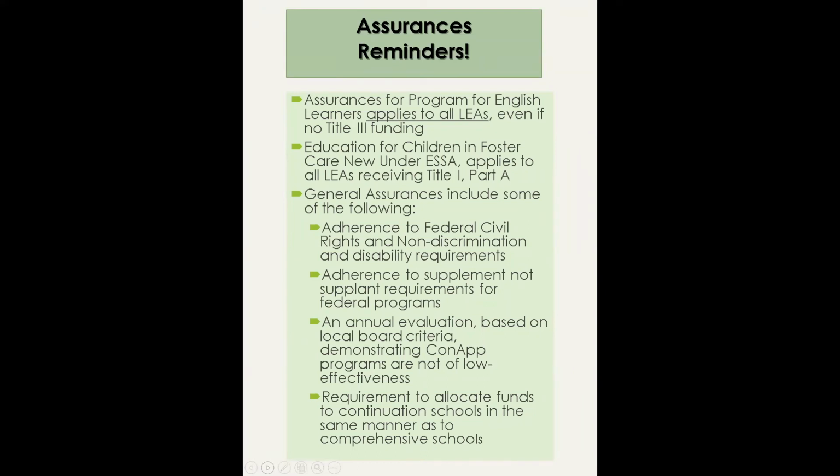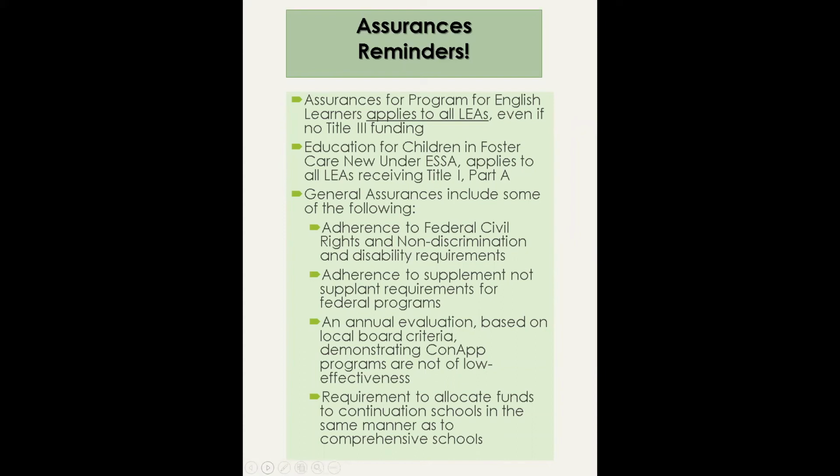Sometimes people get a review for EL and say, we don't take Title III. You still have federal, legal obligations to English learners, even if you don't take the money. Education of foster youth was new last year, I think, and it applies if you're taking Title I Part A. So that's relatively new, and you might want to take a look at that.